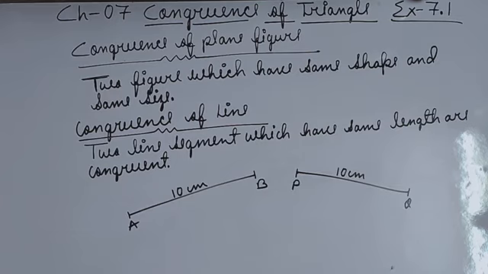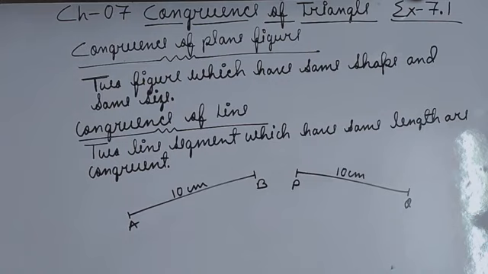In the last live class, I introduced you to the new concept of congruence. What does congruence mean? What are congruent figures? I told you that two figures which have the same shape and the same size are known as congruent figures.